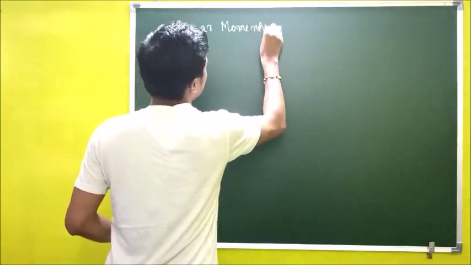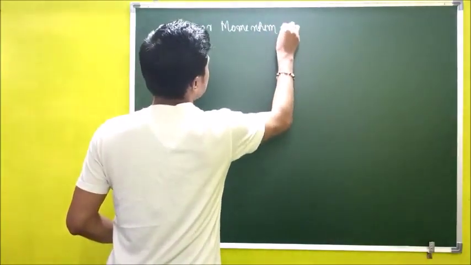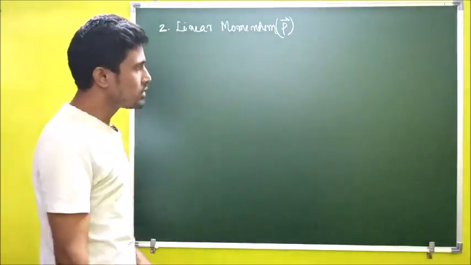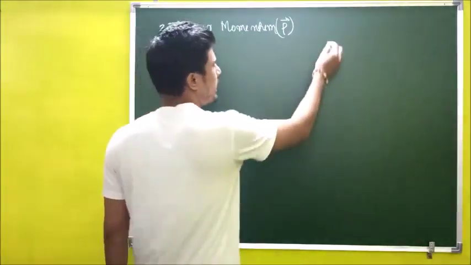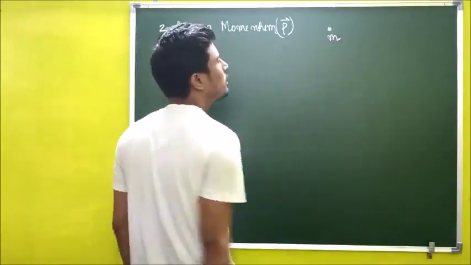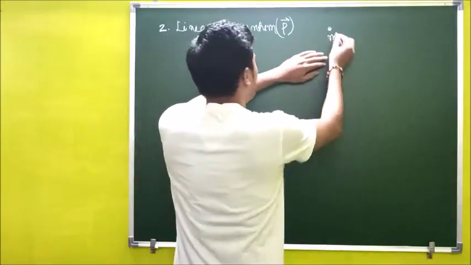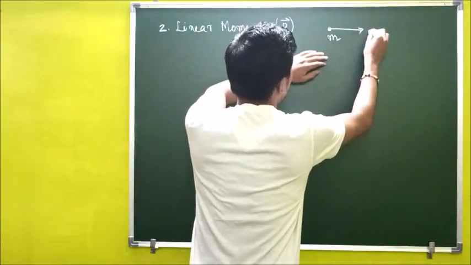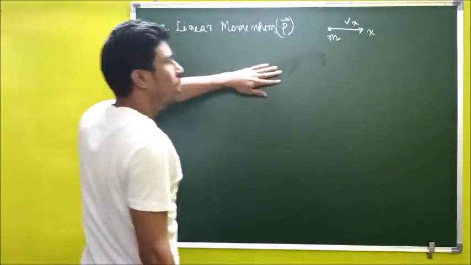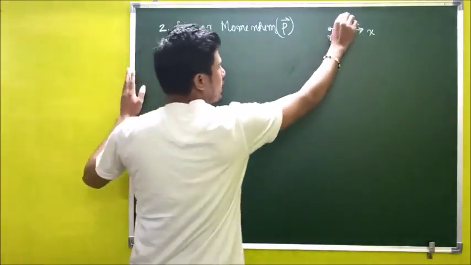Linear momentum is represented by the vector p. Consider a particle of mass m moving with velocity vx along the x-axis.